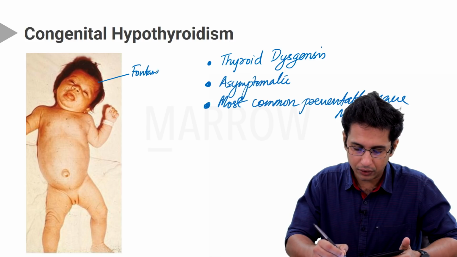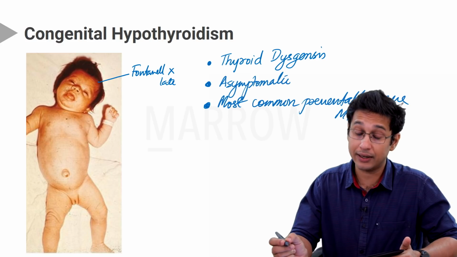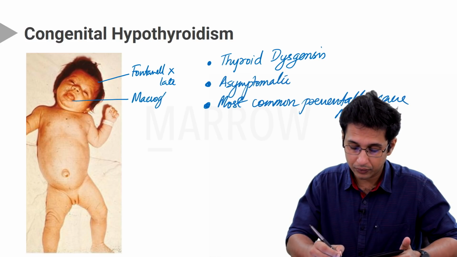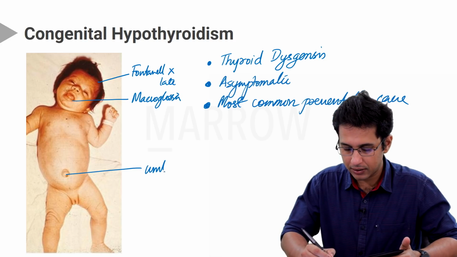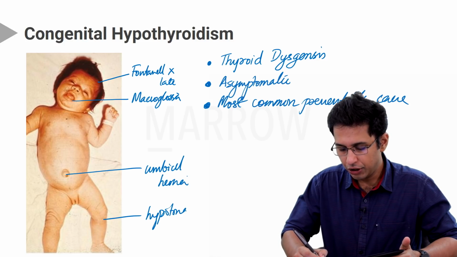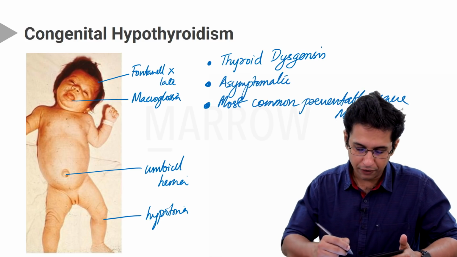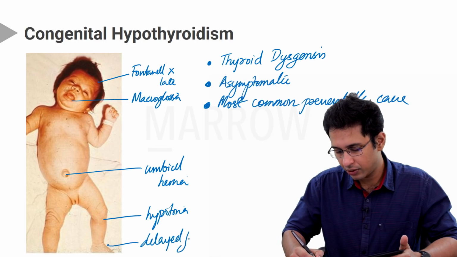The fontanelle will close late, delayed closure. You will see macroglossia. You will see a protruding umbilicus or hernia. You will find hypotonia, lethargy, a kind of hoarseness, and delayed jaundice. Delayed jaundice, that's important.